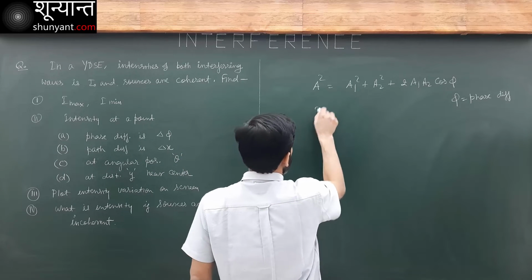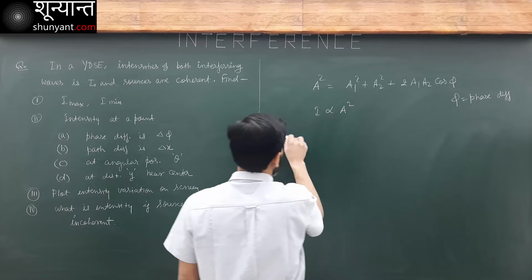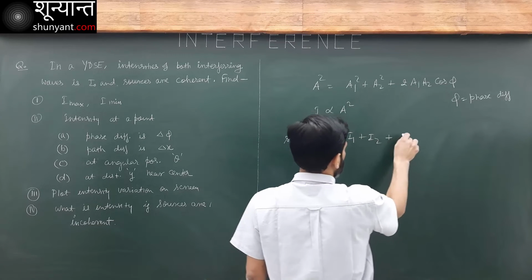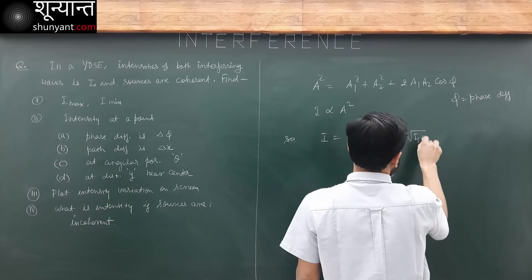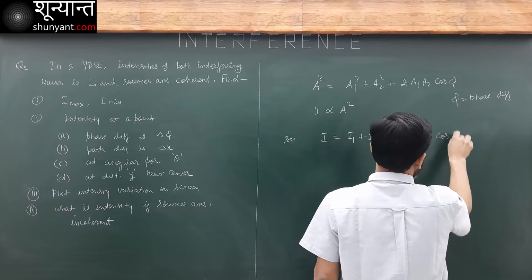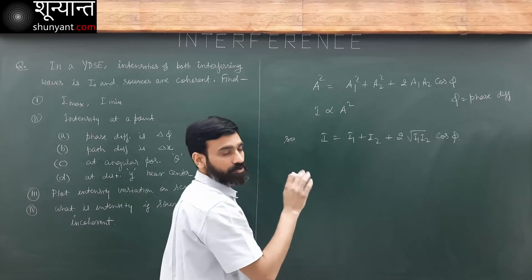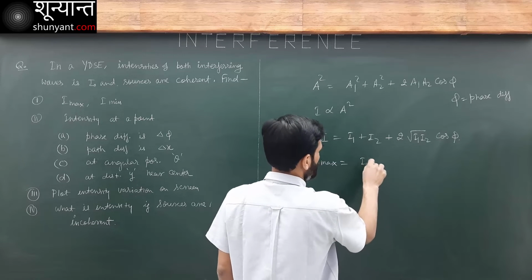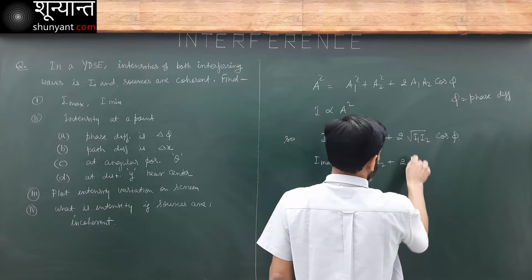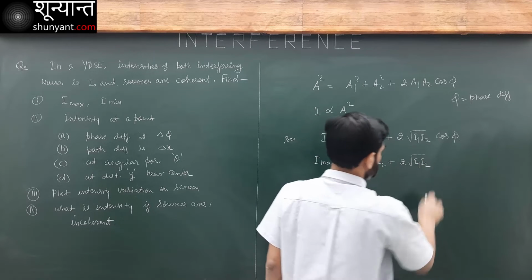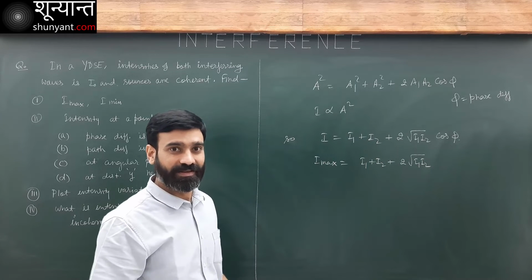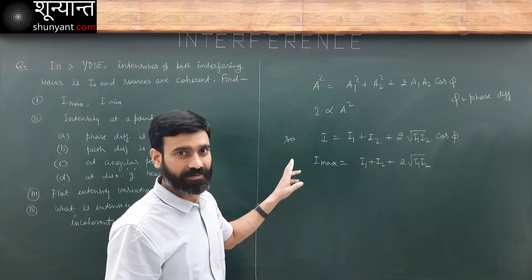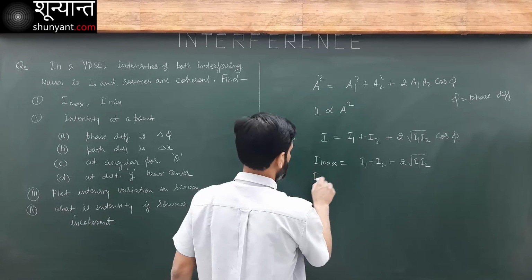Now I is proportional to A square, so I is equal to I1 plus I2 plus 2 under root I1 I2 cos phi. Understood? Now I max is equal to I1 plus I2 plus 2 under root I1 I2. Makes sense? This is I max.